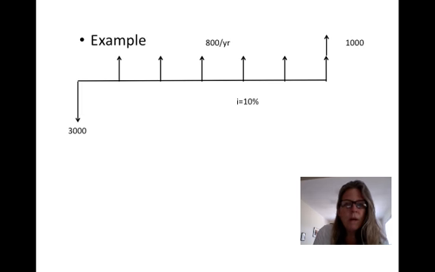So as an example, we take this initial investment of $3,000 that also has a benefit of $800 a year and then a salvage value at the end of $1,000. We're going to use an interest rate of 10% and we're going to convert this to equivalent uniform annual cost.